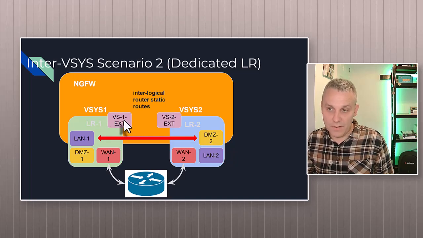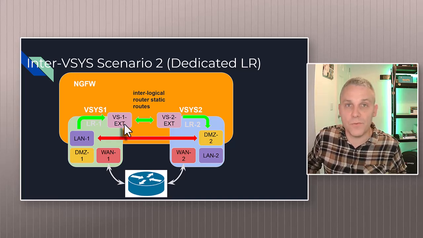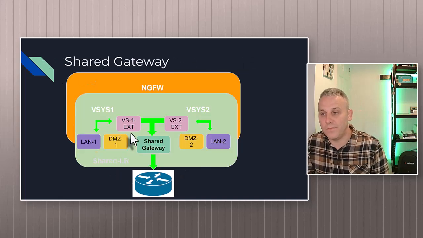But in order to do this, I need this external zone, a special type of zone when it comes to virtual systems, and we're going to pass the traffic off between the virtual systems internally on the firewall.